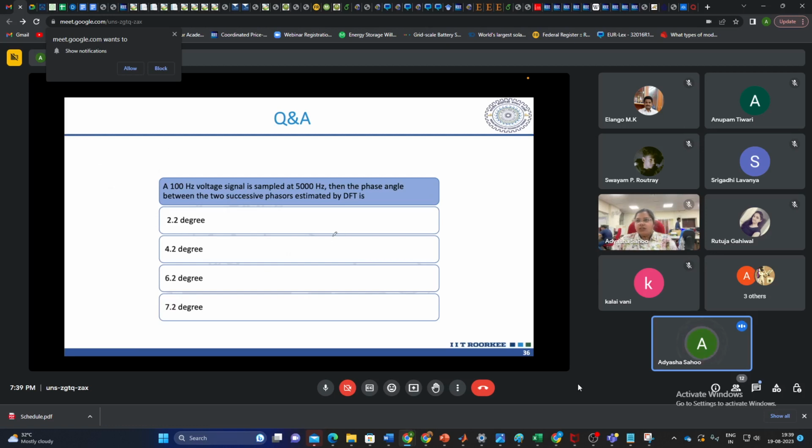Again, I think this is also the same for you all, but still we'll go through this. From here, we get the number of samples as 50. And as we know, these 50 samples correspond to 360 degrees.